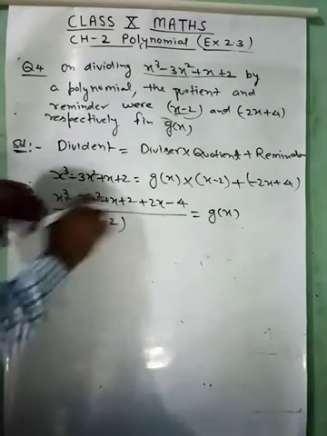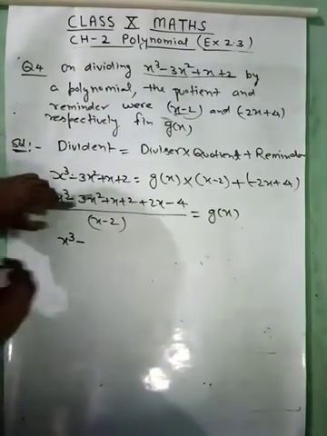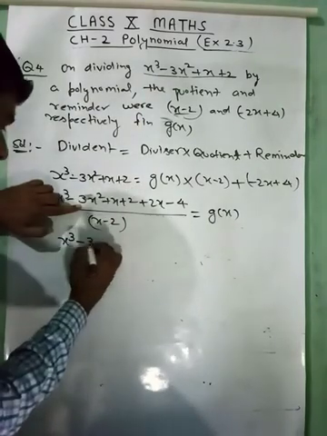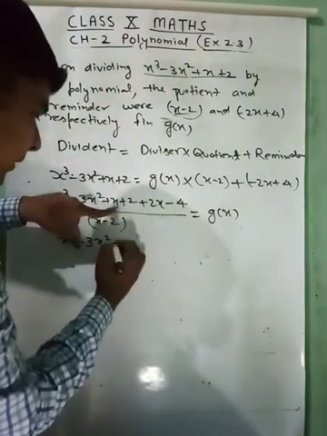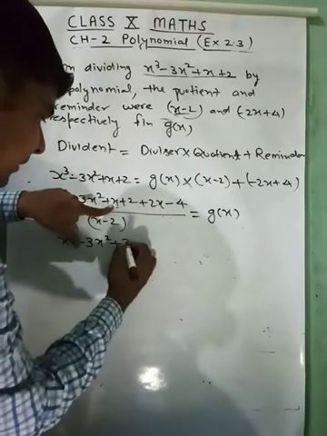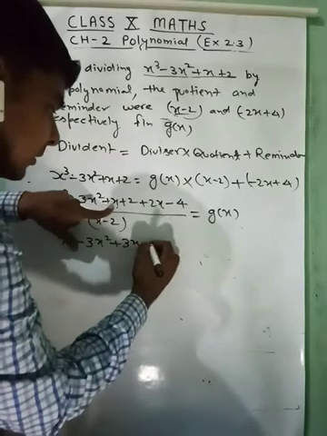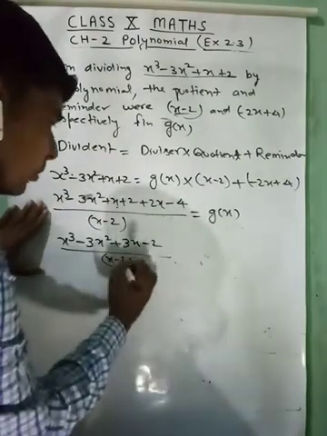So first solve the numerator: x cube minus 3x square, x plus 2x will be 3x, and 2 minus 4 is minus 2. So we get x cube minus 3x square plus 3x minus 2, divided by x minus 2, is equal to g(x).